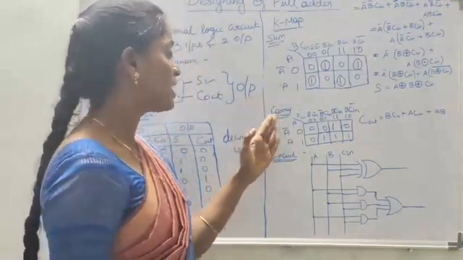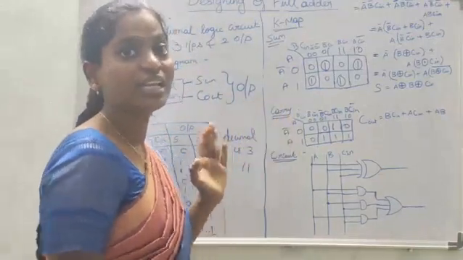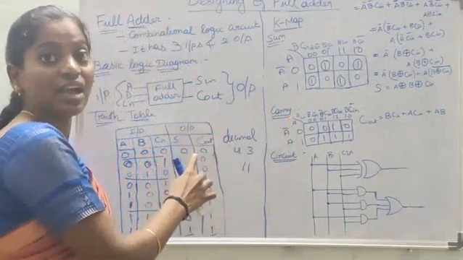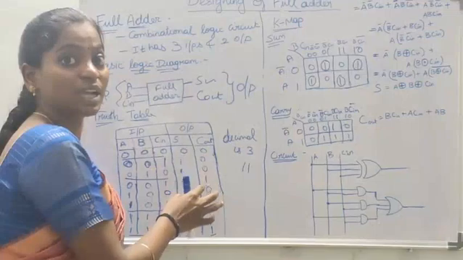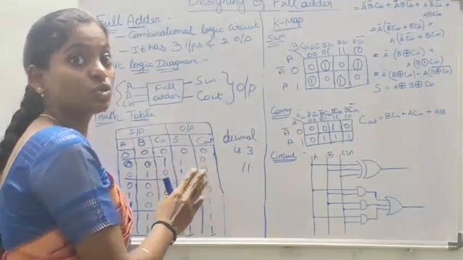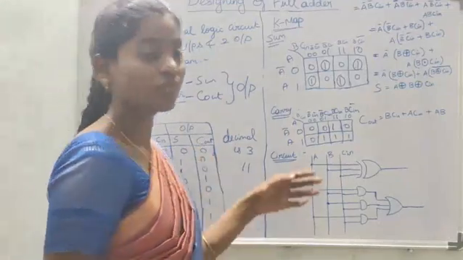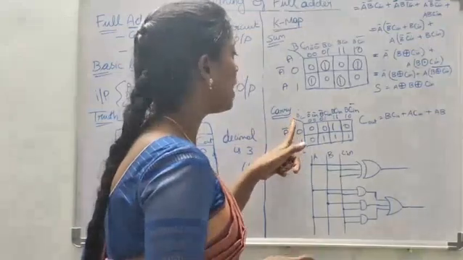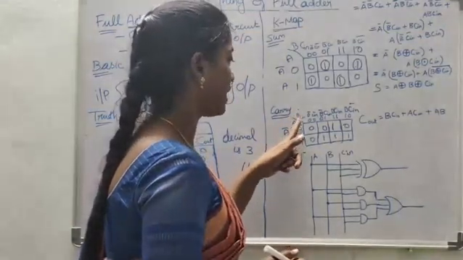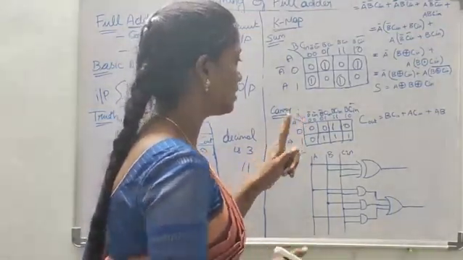Similarly, using a K-map for carry, let us observe the carry out column. The carry out becomes 1 when at least 2 of the 3 inputs are 1. Here also take 3 input variables A, B, C in.